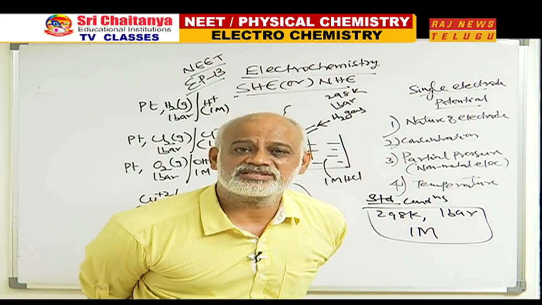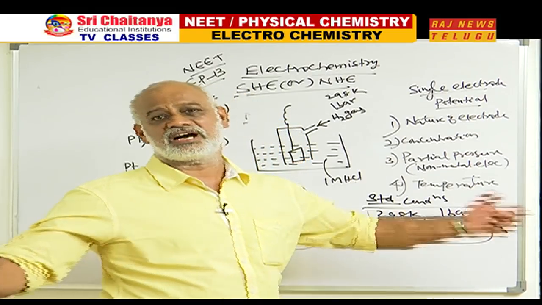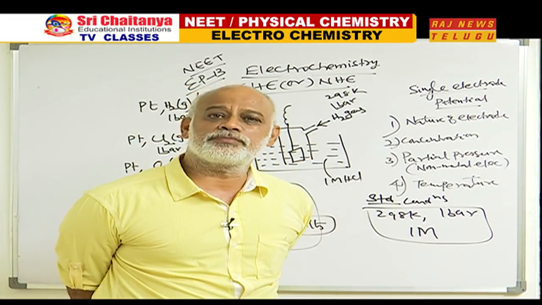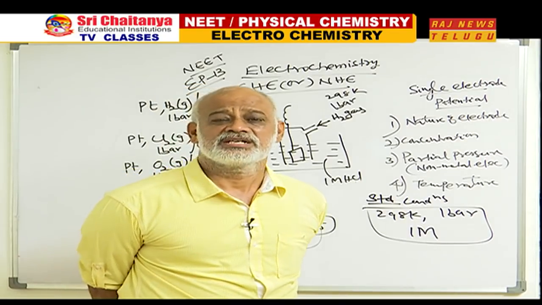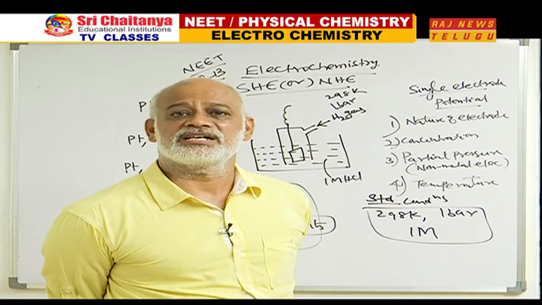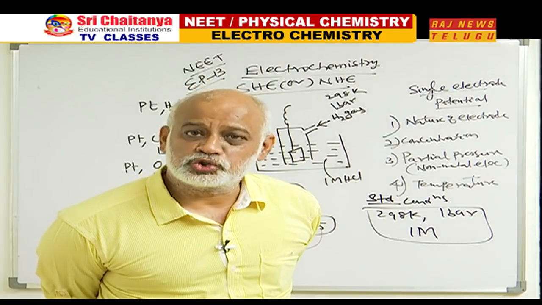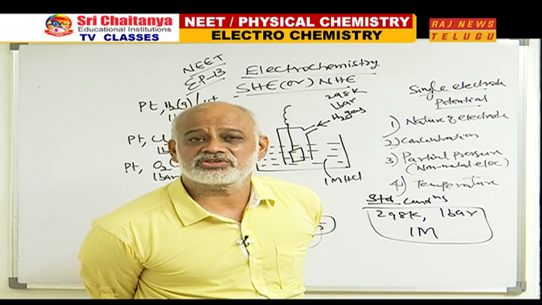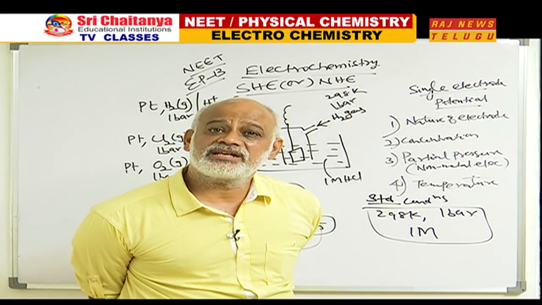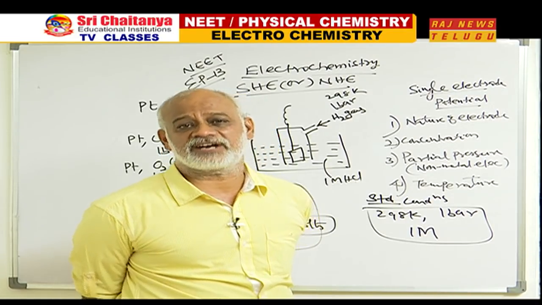If I want to select sulfuric acid, I can do so, but it should be 0.5 molar. Why? Because sulfuric acid has a valency of 2. Our aim is not that the molarity of the acid should be 1; the molarity of H plus ion should be 1.